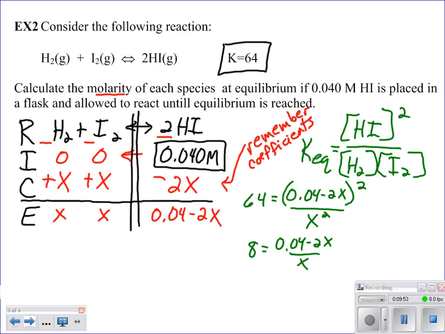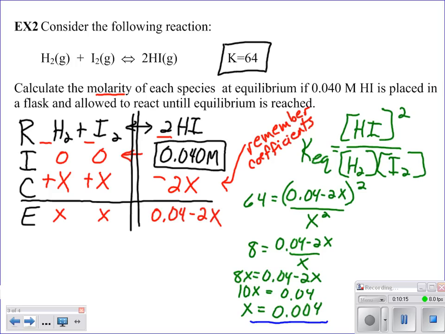And then I'll keep working through this math. So you end up getting x equals 0.004. You're not done yet. Now what you need to do is take that information and actually plug it in, because the question is, what is the concentration at equilibrium?